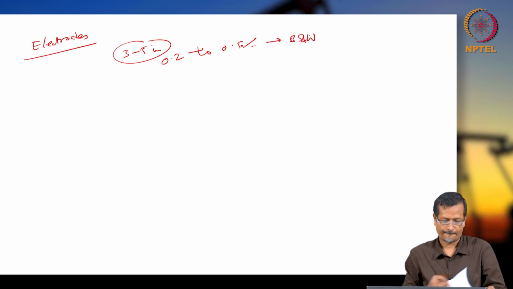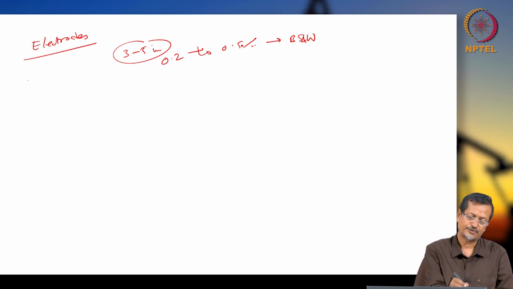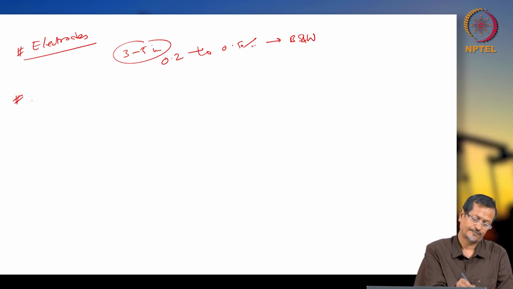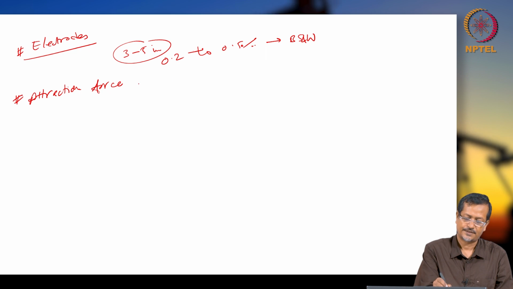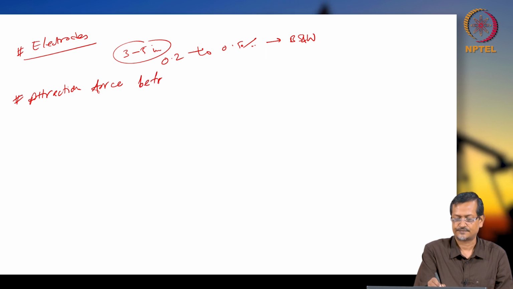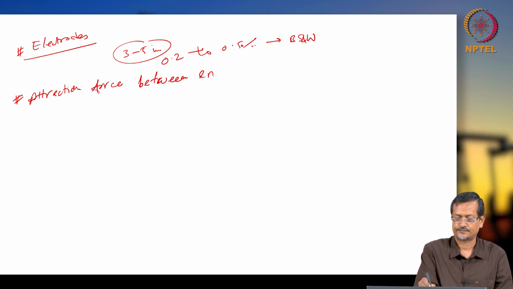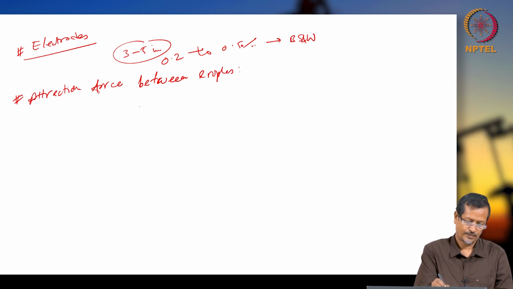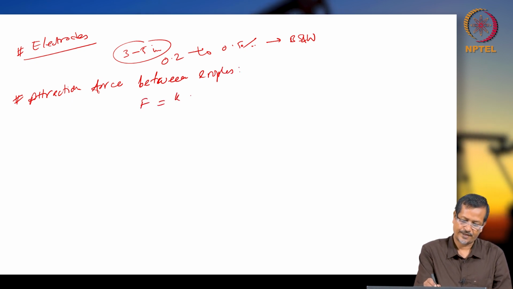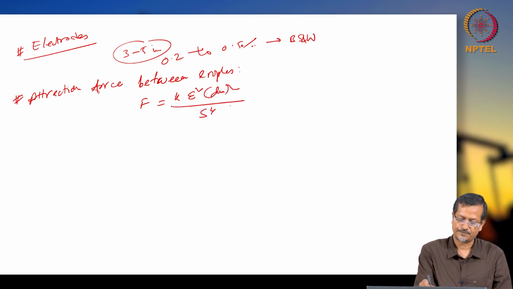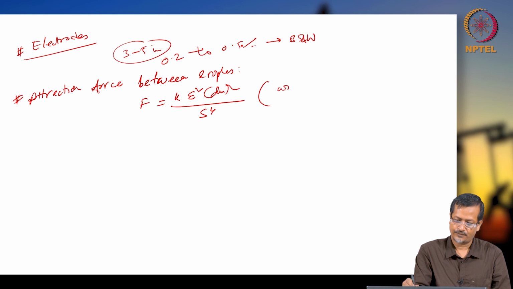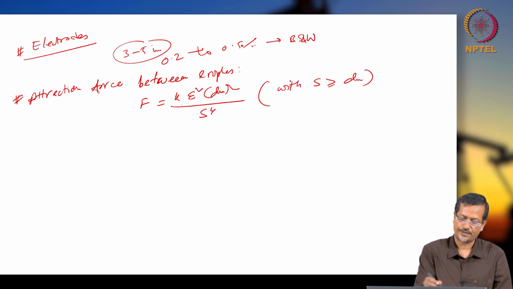Okay. Now, attraction force between droplets. The force is equal to K s epsilon square dm square by s power 4, with s greater than or equal to dm.